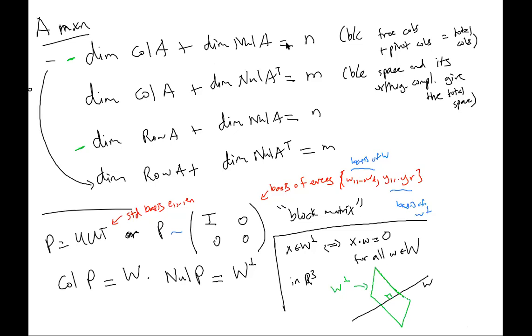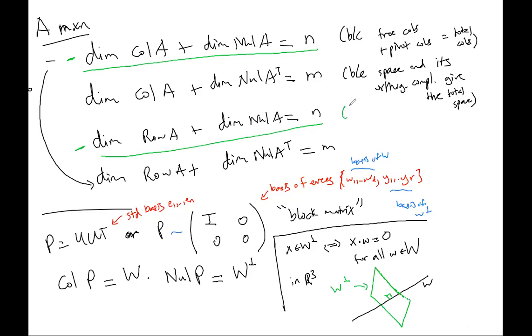Just because of combining these two. Yeah, exactly. Right. So this first statement is true because that's rank-nullity. You have your free columns and your pivot columns, and that equals your total columns, which is n. And then here, this is because of orthogonality, right?